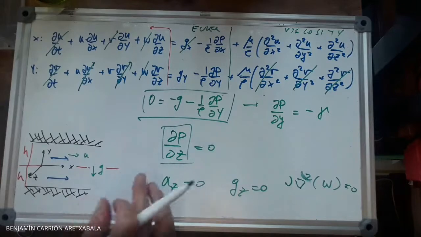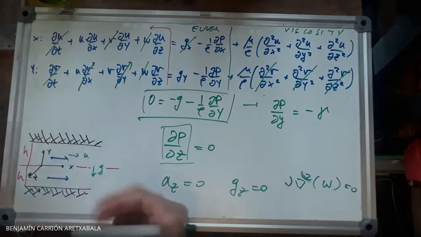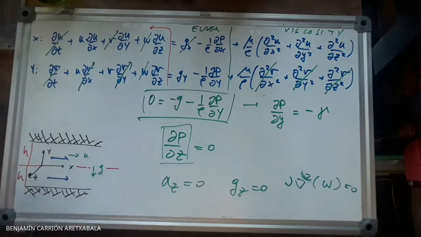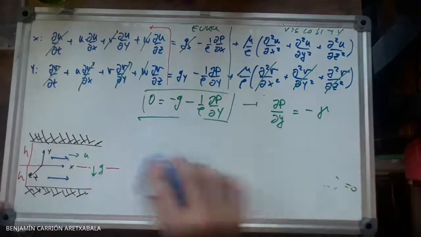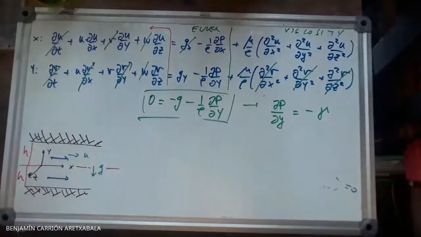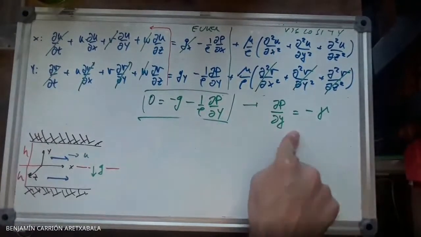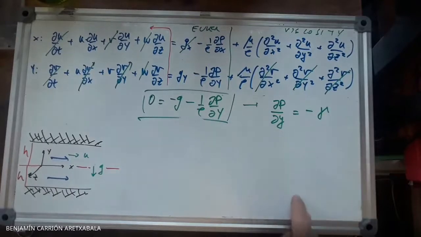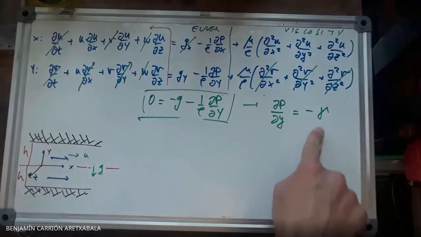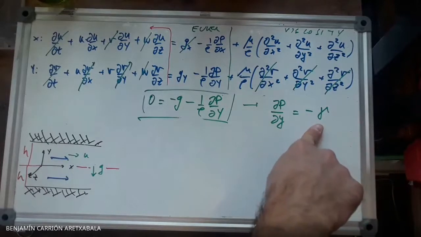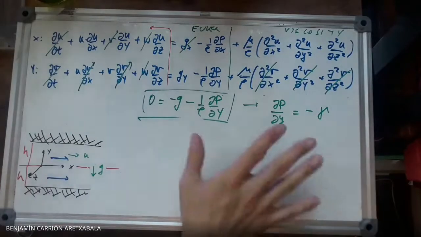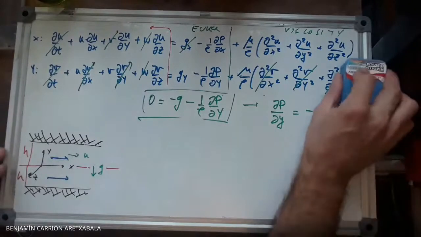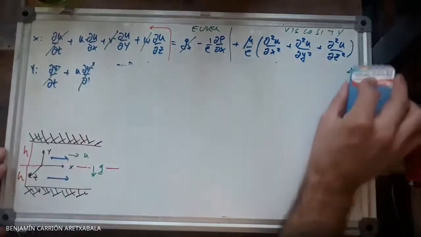That means that pressure doesn't change in this direction, coming out of the whiteboard. Good question. Okay, and the second equation is just the hydrostatic one, right? So pressure increases over y proportional to gamma, which is what you expect. No surprise there.